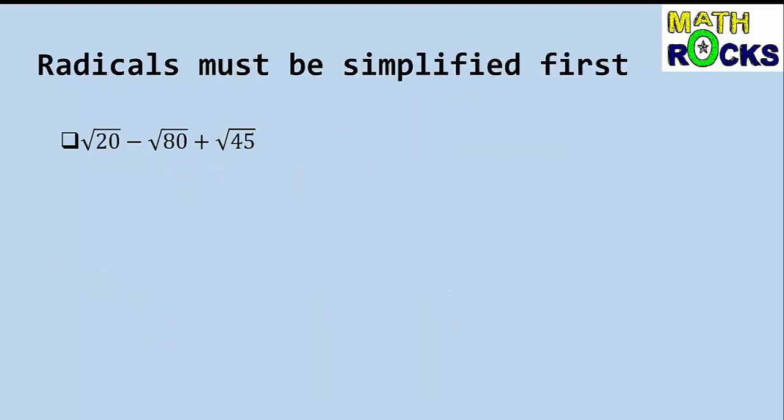Now the first thing is radicals must be simplified. So before you can add or subtract radicals, you need to make sure the portion under the radical sign is considered a simplified radical. So I'm going to go ahead and simplify these three radical signs. So 20, if we remember simplifying radicals, I'm going to break this up into a perfect square of 4 times 5 so that I can take the square root of 4.